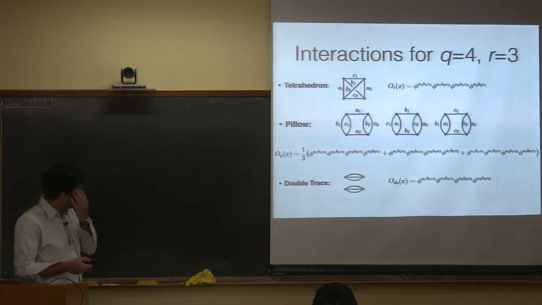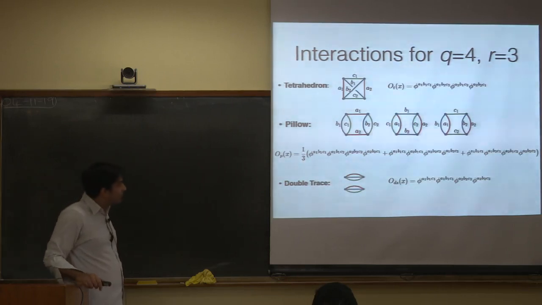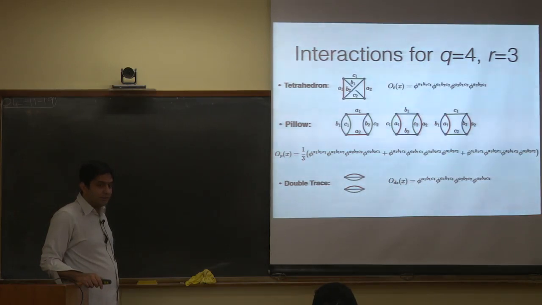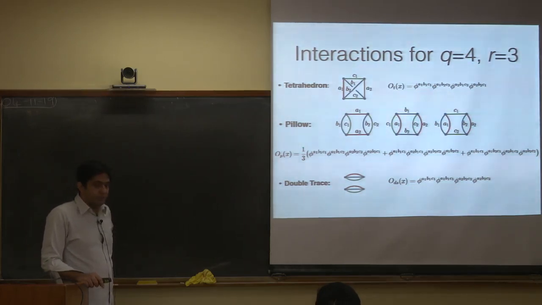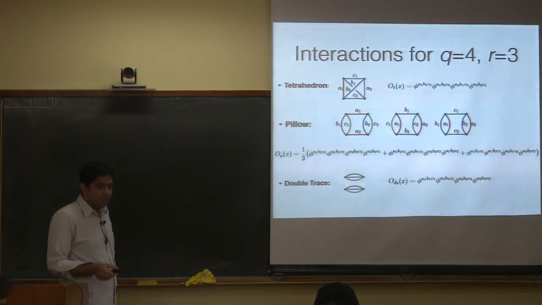If you start with this quartic phi interaction, you generate these graphs. Why are you writing down these graphs? These are all the interactions with ON cubed which are quartic, all the different ways of contracting them.